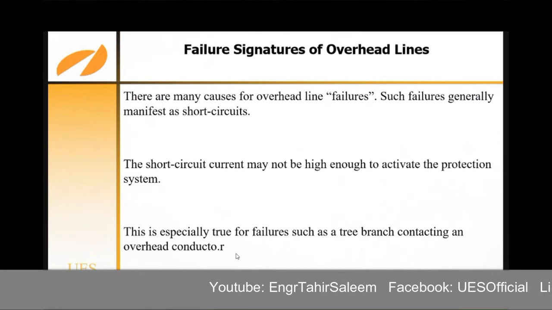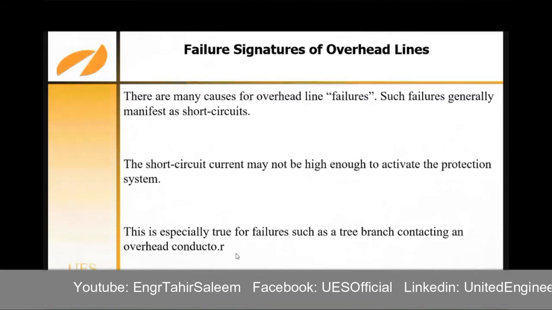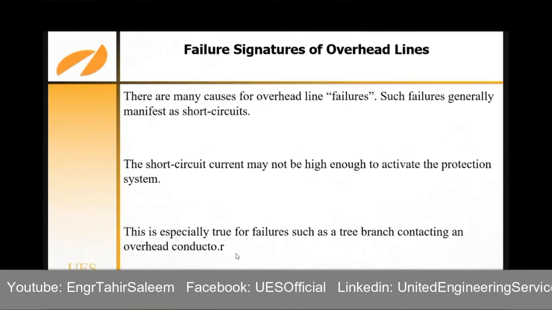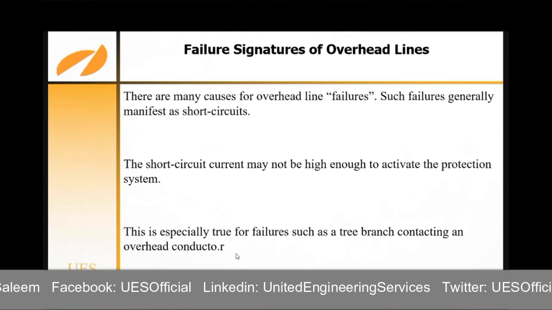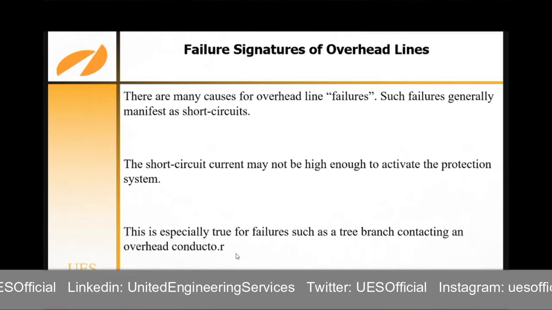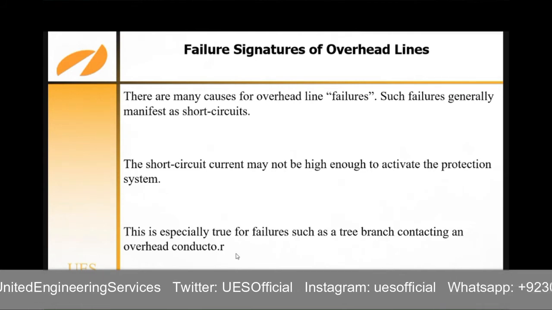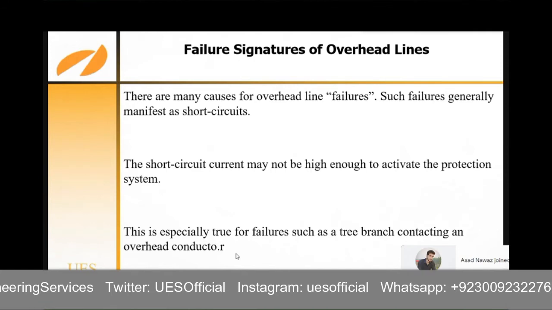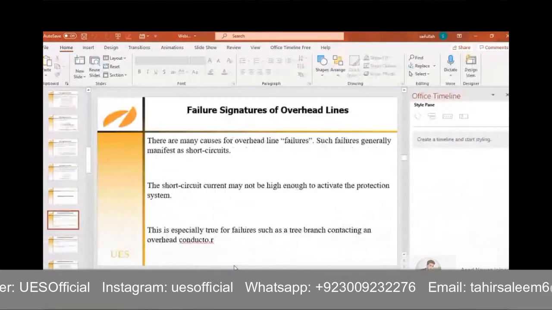These faults occur for a very short time, because due to the high short circuit current, a very high amount of heat is produced, and the branch which caused the shorting itself burns out, and the fault has cleared.